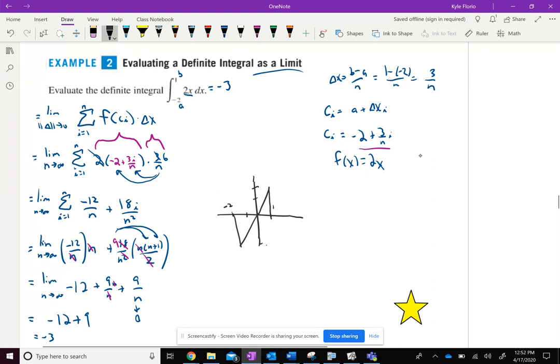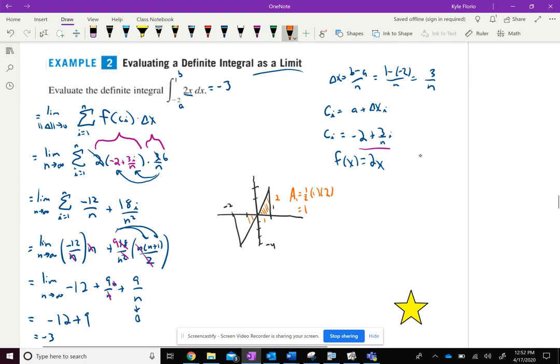Negative 2, this will be negative 4, by the way. I can think of this as area. What's the area of this right triangle? The base is 1, the height is 2. So that area is 1/2 base times height, which is just 1. 1 times 2 is 2, half of 2 is 1.